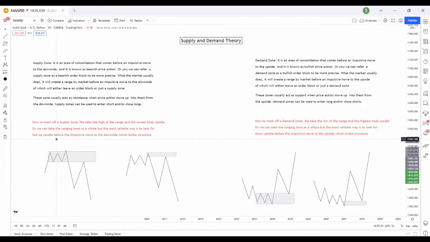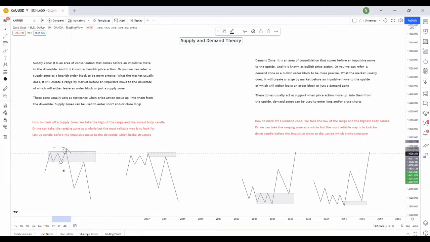So how do we mark off that supply zone? We take the high of the range and the lowest body candle, or we can take the whole ranging zone, but the most reliable way is to look for the last up candle before the impulsive move to the downside.